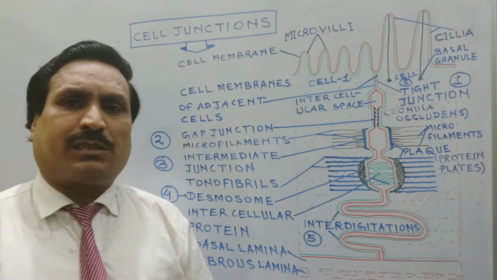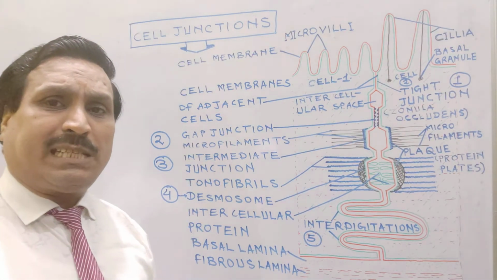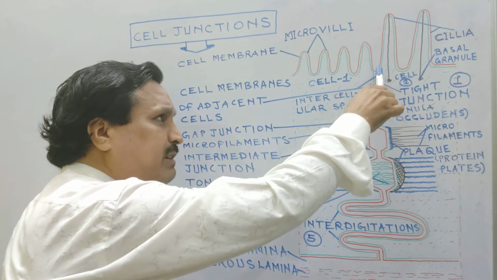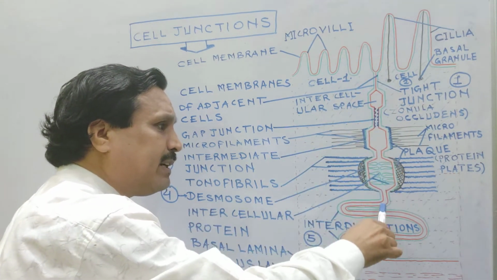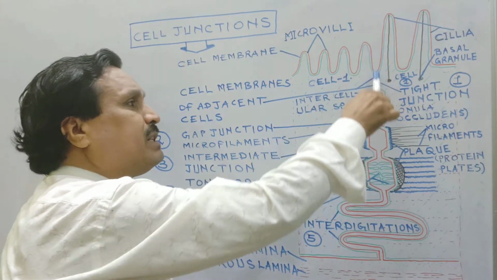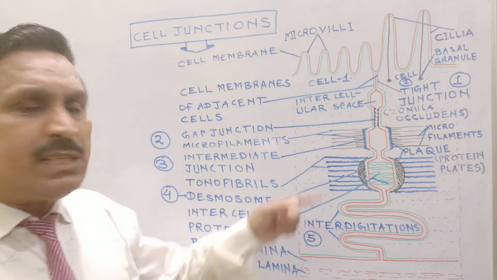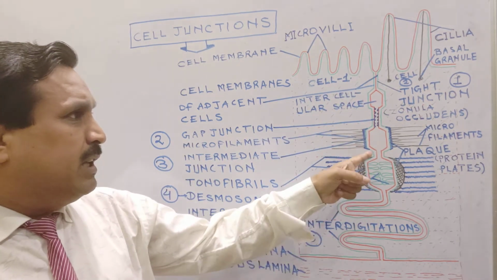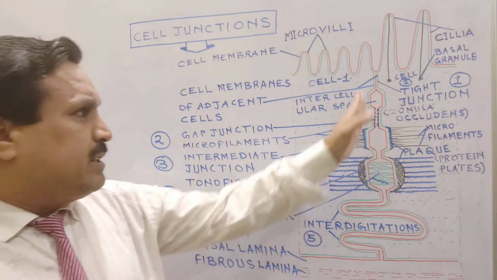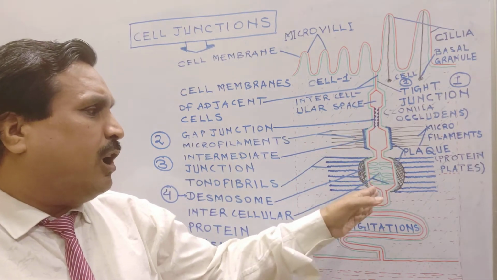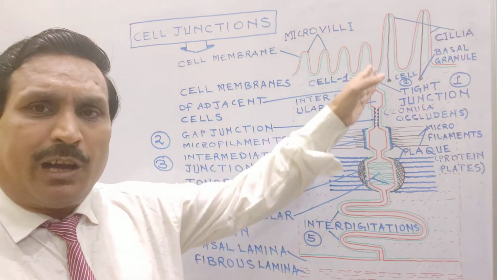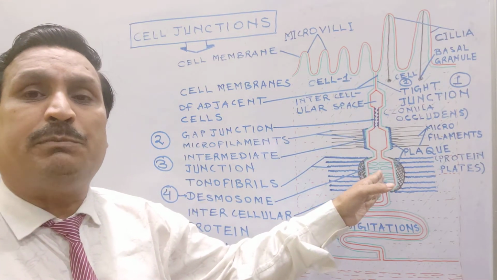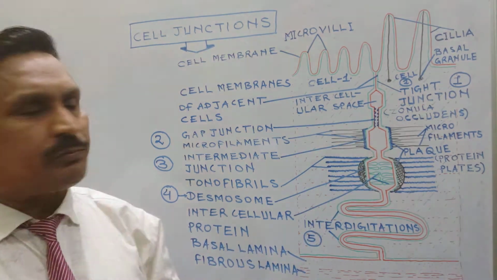Here you students clearly visualize a dividing line, a line of division. This is a straight line of division. This straight line is the septum or boundary or line of division between two adjacent epithelial cells.